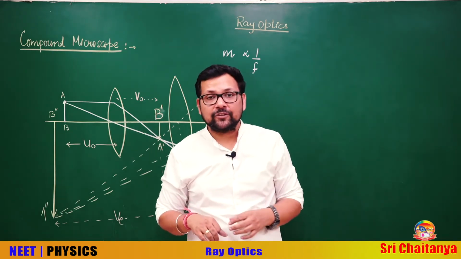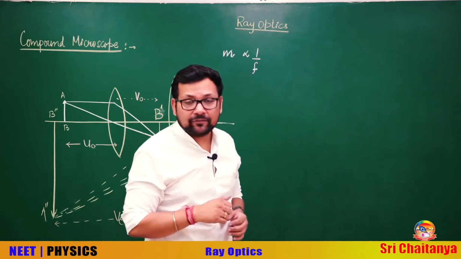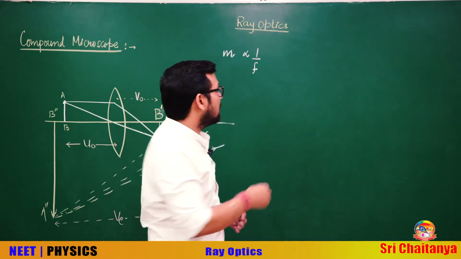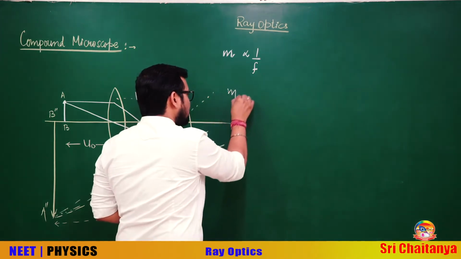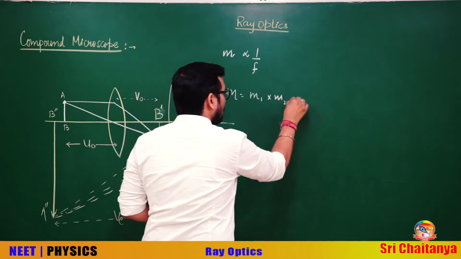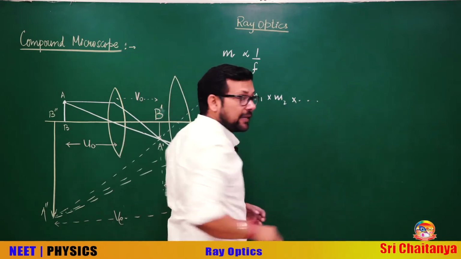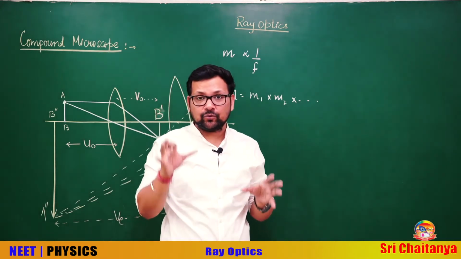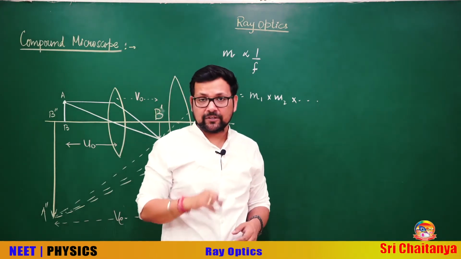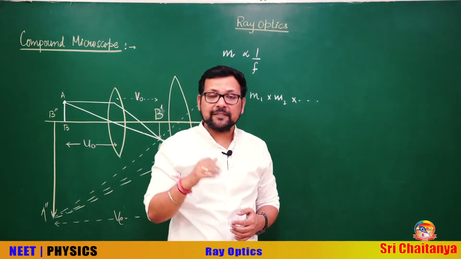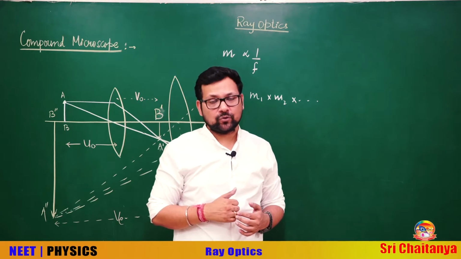In such refractions, the total magnification is the product of the individual magnifications, so m is equal to m1 into m2 and so on. Even if two lenses each give 20x, the combined magnification is 400 times. This is what we call a compound microscope.